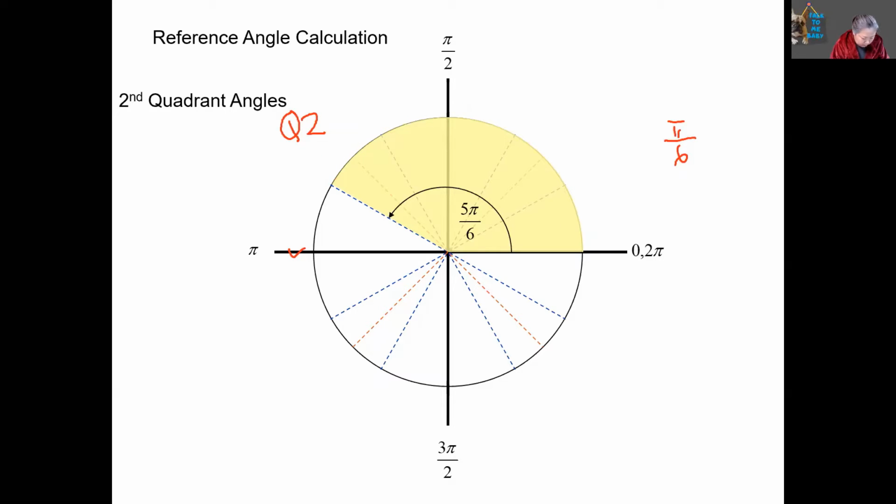So now I know my terminal side of the angle. If I go through 5 of the pi over 6 pieces, then where is my terminal side? It's right there. This is my terminal side, right?